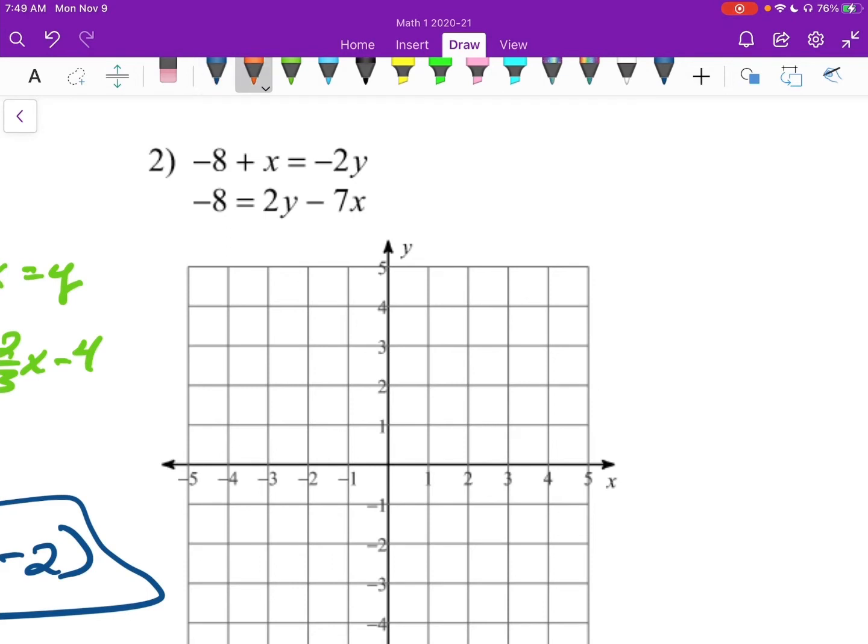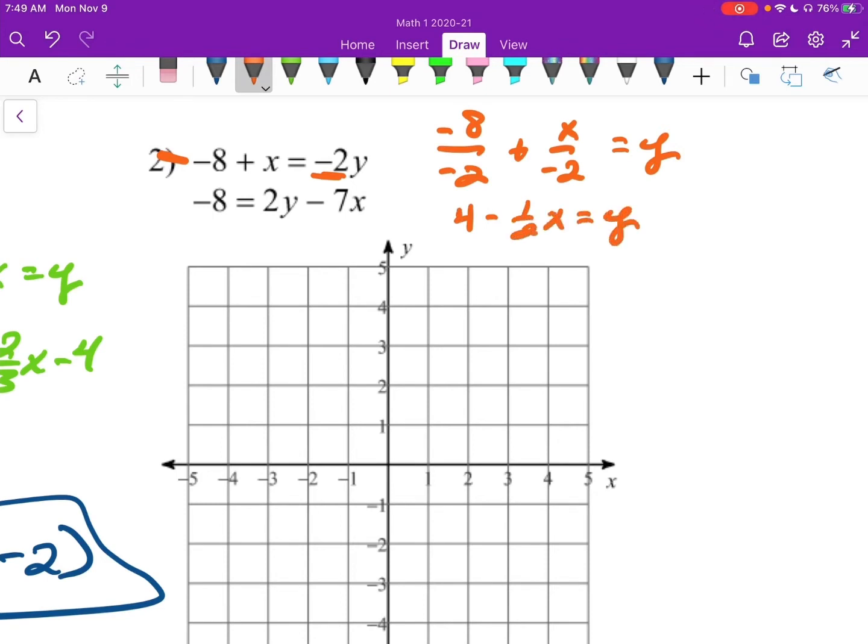So let's look at our orange one here. I'd really like to get a y equals. What would happen if I divided everything by -2? Right? There's a -2 right there. I could just divide everything by it. So let's say I have -8 over -2 plus x over -2 equals y. That's the same thing as 4 minus 1/2 x equals y.